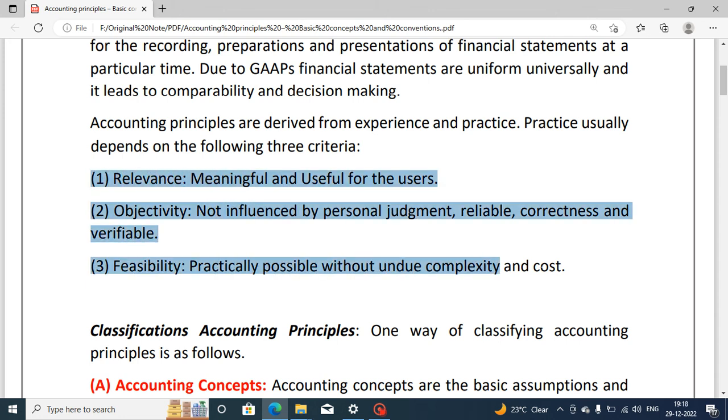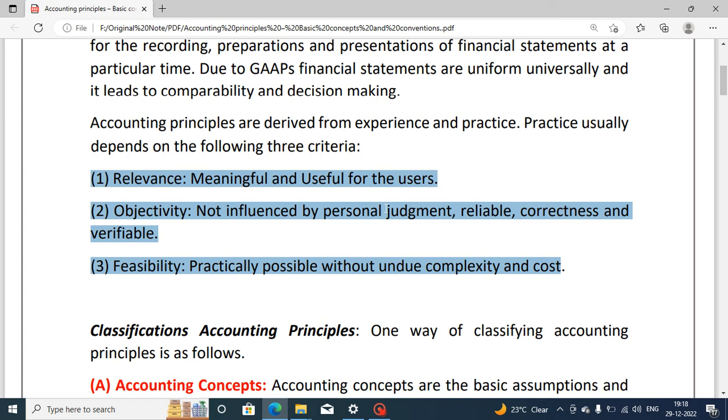If we attain these three qualities, our financial statement will be uniform with others' financial statements, and then the users around the world can compare, can evaluate, and can take their financial and economic decisions with our organizations.